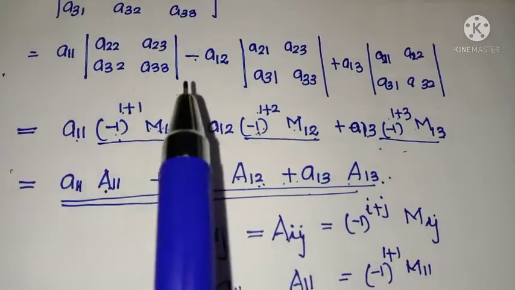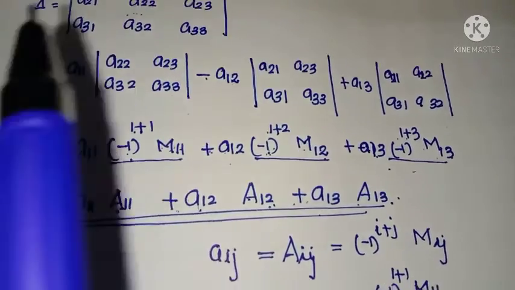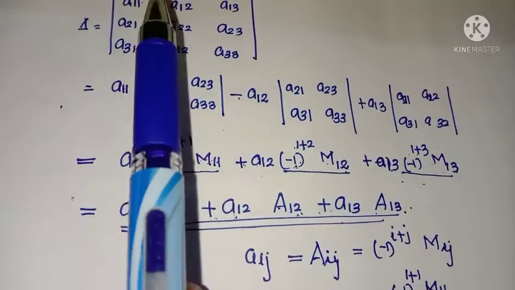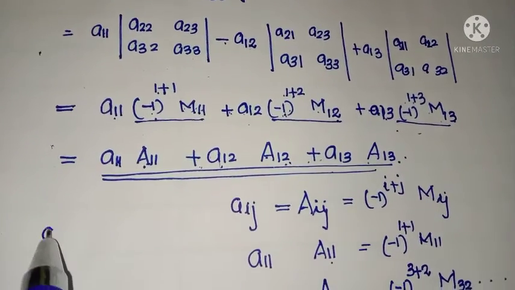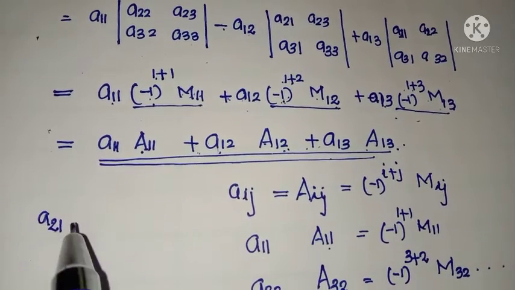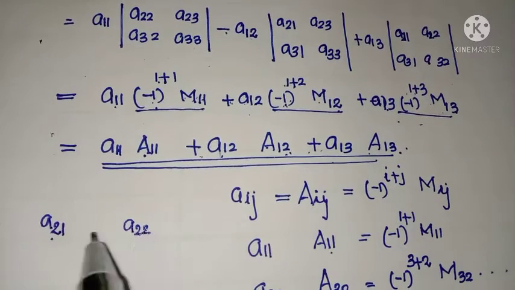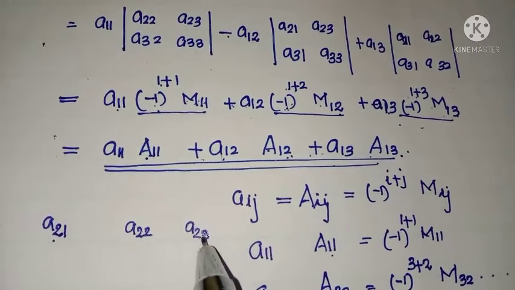Okay. Sum of product of elements of R1 with their corresponding cofactors. Elements of R1 means we expanded the determinant along the first row. Suppose we are expanding the determinant along the second row, we can say the determinant value is equal to elements of second row, actually A21, A22, A23.